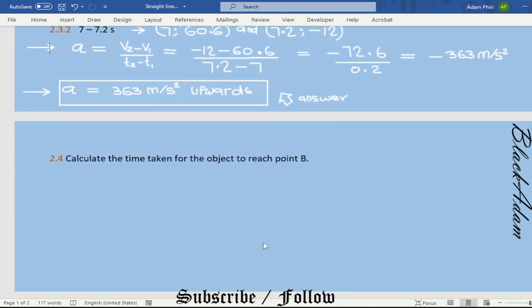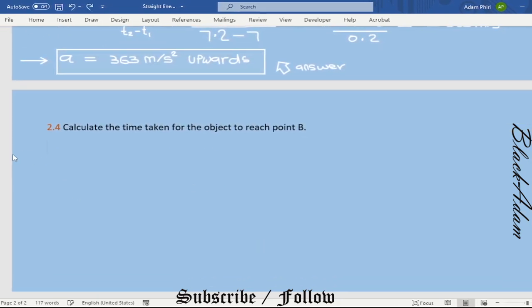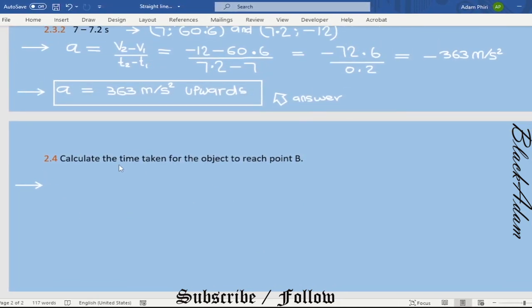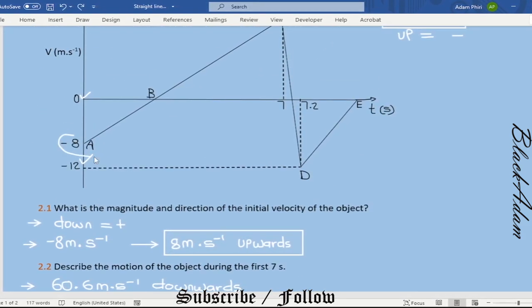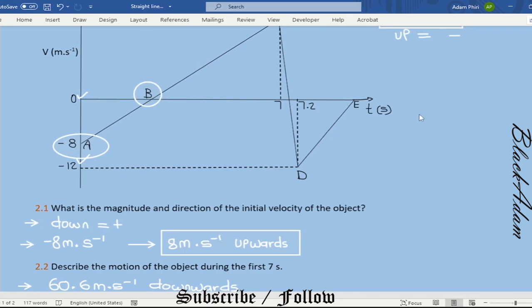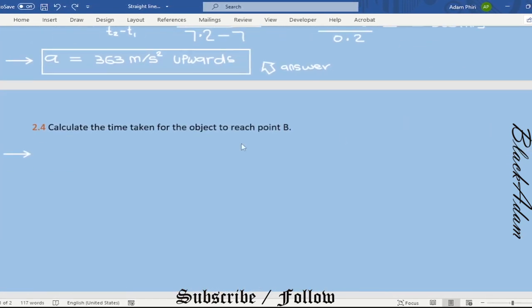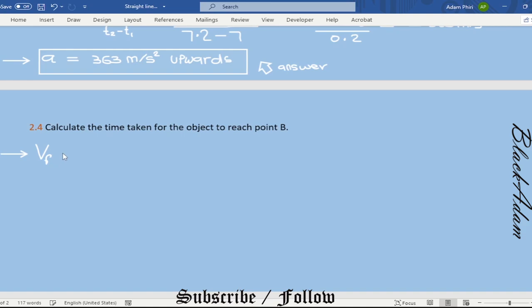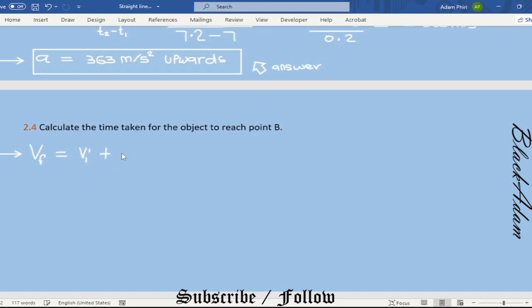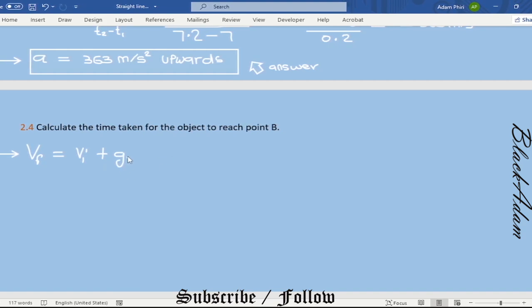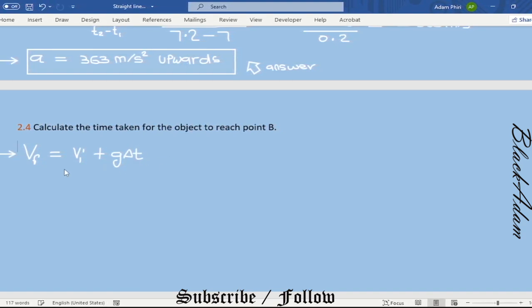So we go on and calculate 2.4. It says calculate the time taken to reach B. So B from which point? From T0 to B, and we don't know the time taken there. So we use the equation: final velocity equals initial velocity plus gravitational acceleration multiplied by change in time.